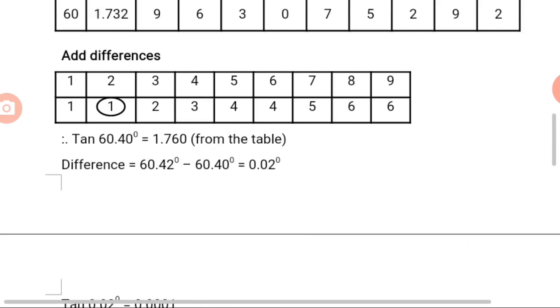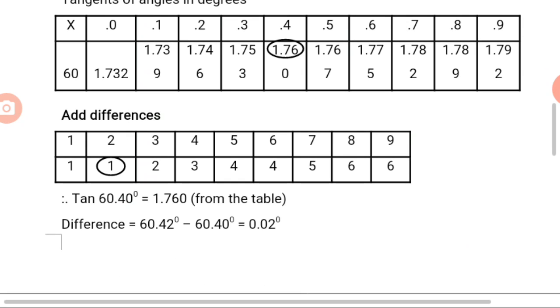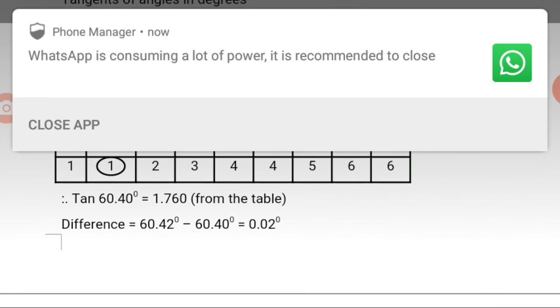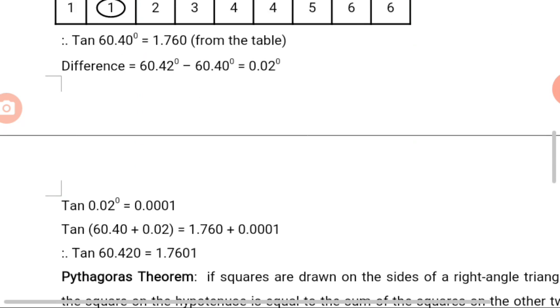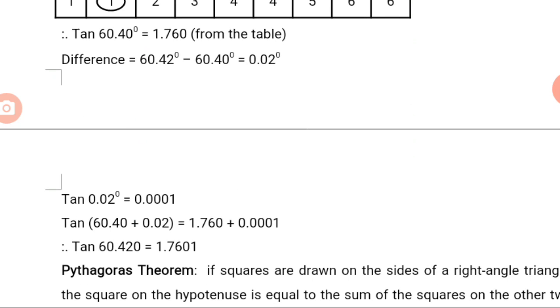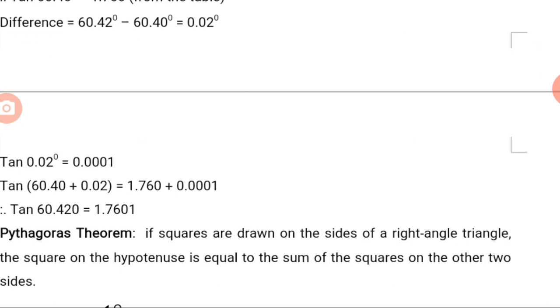So we now add the difference. We add 1.760 to 0.0001. Therefore, tan 60.42 degrees will give us 1.7601. It's very simple and straightforward.